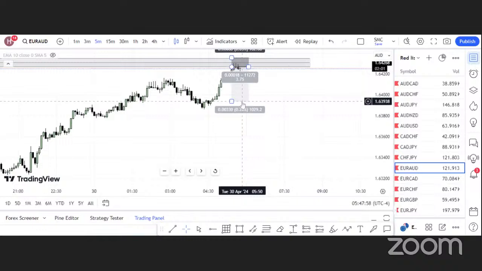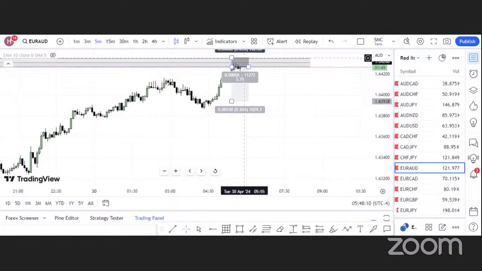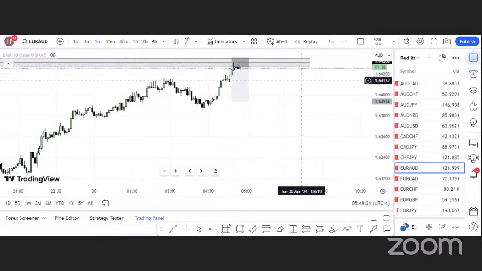So this is our take profit level, and this is our stop loss level. If this market closes above this previous rejected candle, we are going to close the trade. I'm currently still on the 5 minutes time frame.